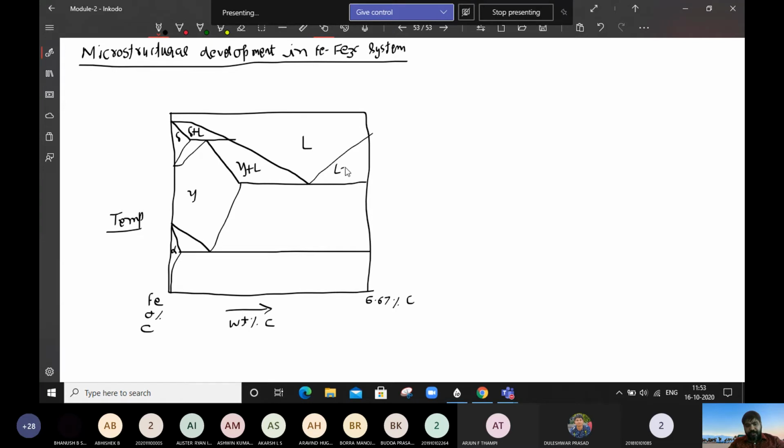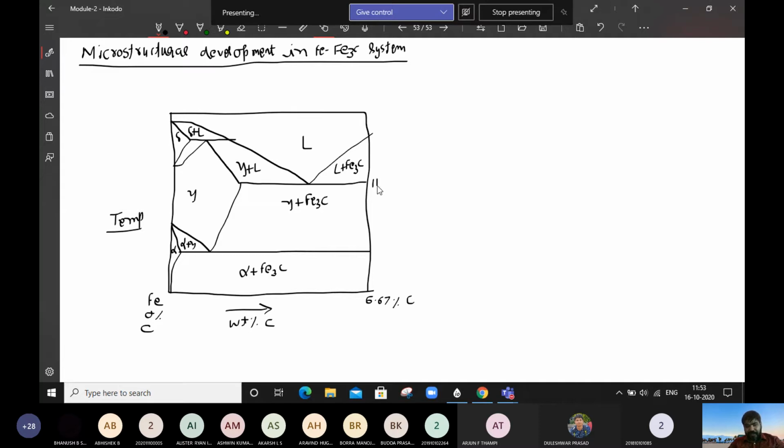Here we are having liquid plus Fe3C. Here we are having gamma plus Fe3C. And here we are having alpha plus Fe3C. And this is the alpha plus gamma region.